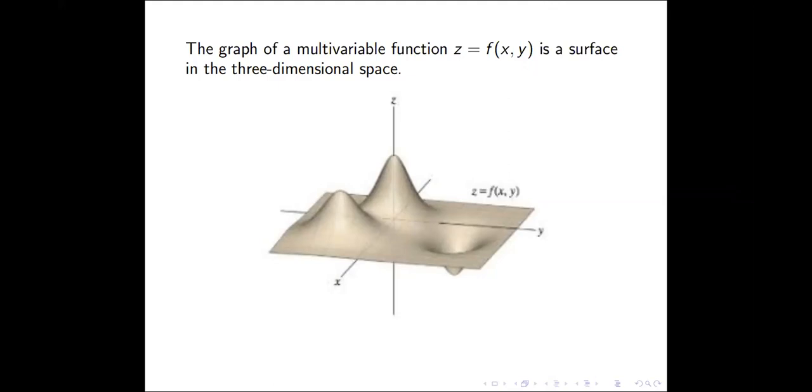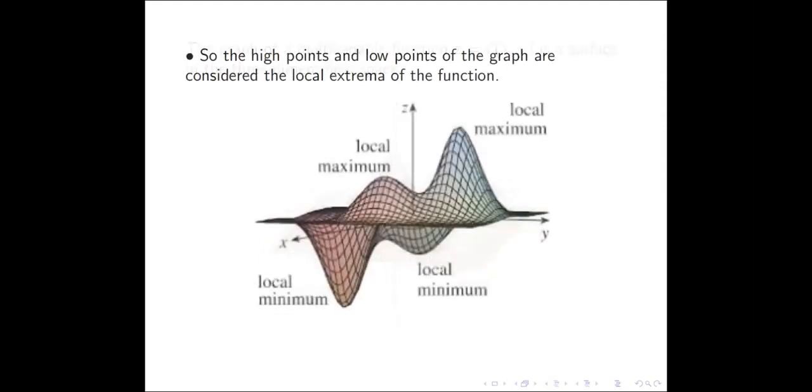So what do we mean by the local extrema of a function of two variables? Now, for a single variable function whose graph is a curve, we know that those are the high points and low points of the curve. And similarly, for multivariable functions, they will also be the highest and lowest points of the surface.